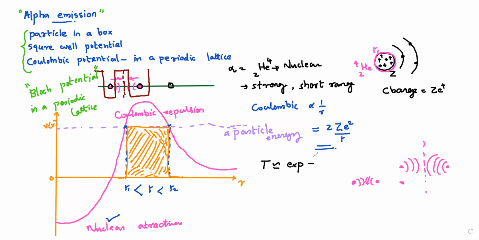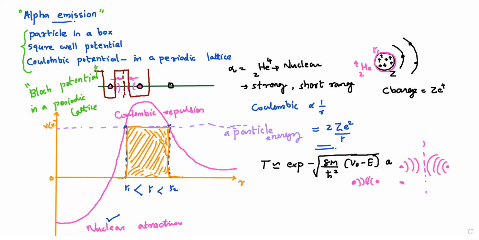That means exponential of minus the square root of 8m by h square into V0 minus E, into a. Here, if a is this barrier limit, or the width of our barrier, the potential is greater than the energy.